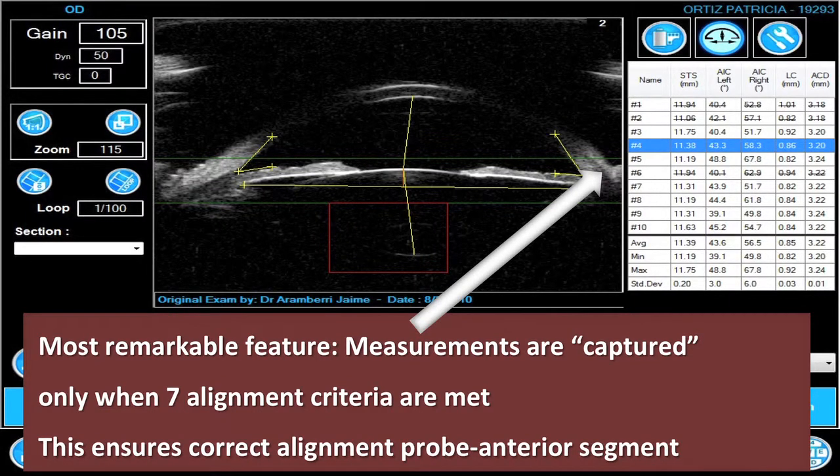The most remarkable feature of the compact touch unit is that measurements are captured automatically only when 7 alignment criteria are met. This is very interesting to assure the user that measurements are reliable. So we quite trust the measurements at that certain angle where you place the probe, because the software self-detects when the measurements are correctly aligned, and this gives you quite good security.